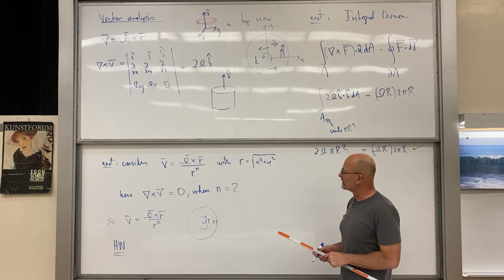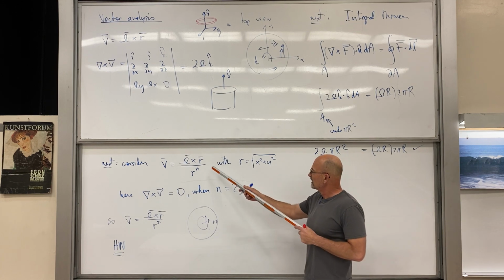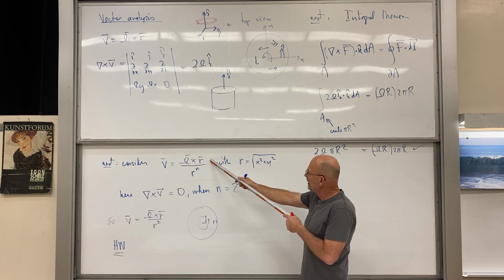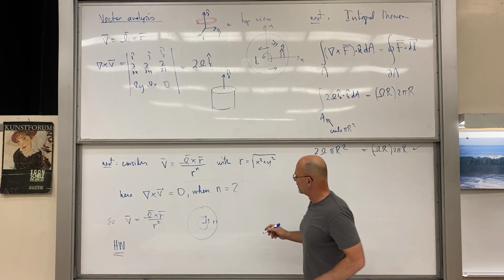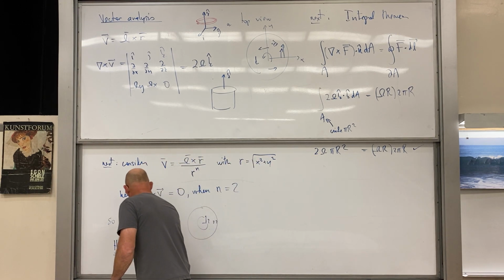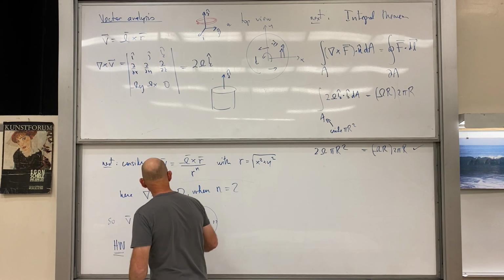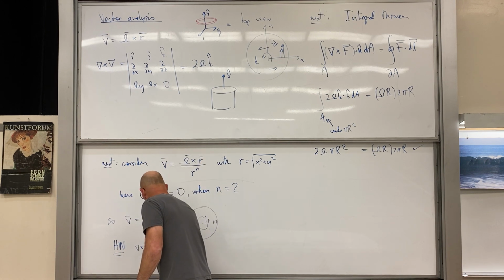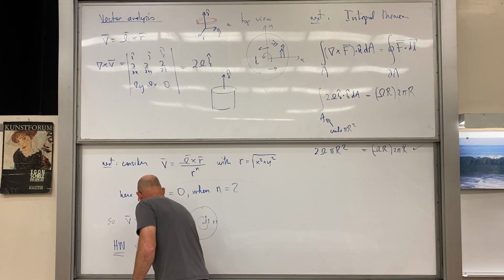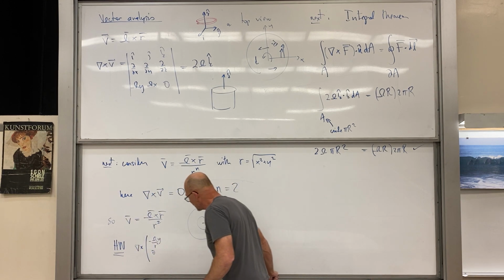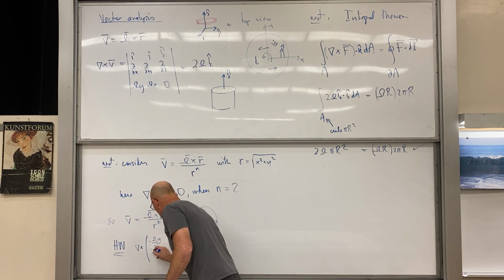So the thing to do is to write out this V here and then do the curl. So in fact, we're looking at the curl of, and the numerator is the same as before, so minus omega y over r squared, omega x over r squared, and 0.